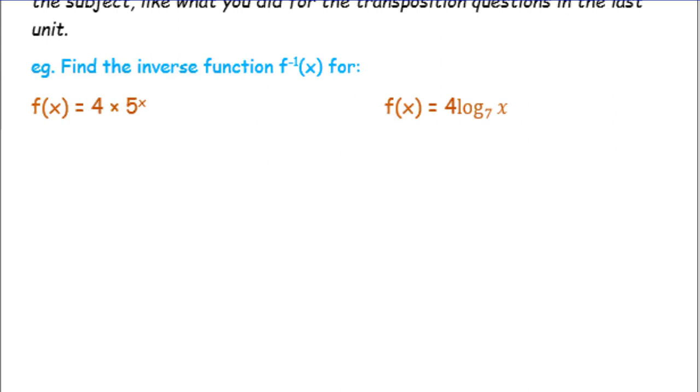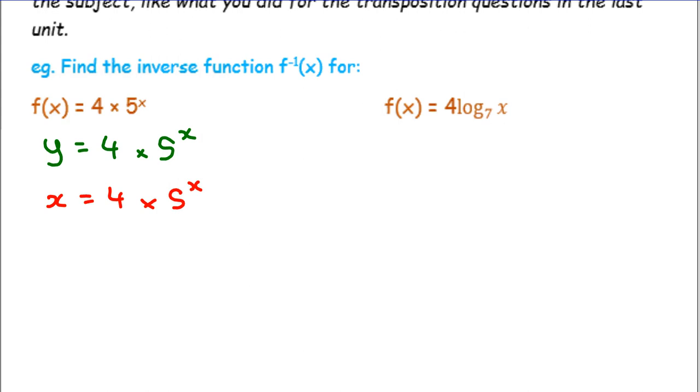What I like to do is rewrite the function as y equals. That's my favourite thing to do. Do you write the function as y equals and then swap x and y? Yeah. So I've just rewritten the original function and now I'm going to swap x and y.